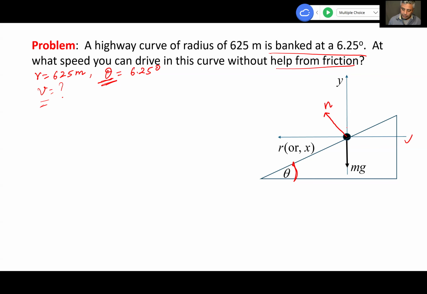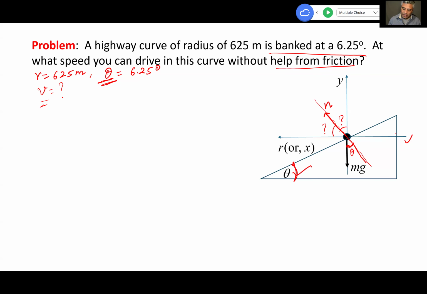So to find the component of N, we need either this angle or this angle. Which one of those angles do we know? For that, we can use what we learned before. If I make this a little longer, we know this angle here is the same as this angle. We learned that when we talked about motion on an inclined plane.